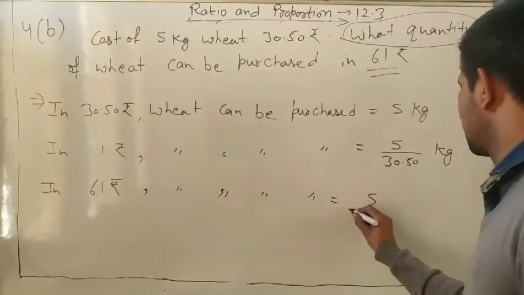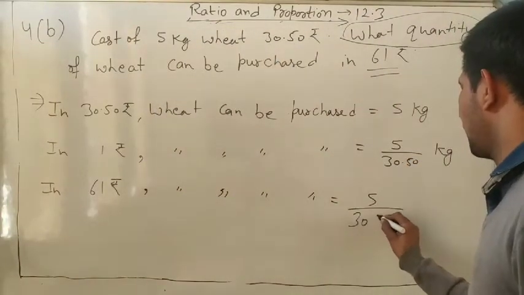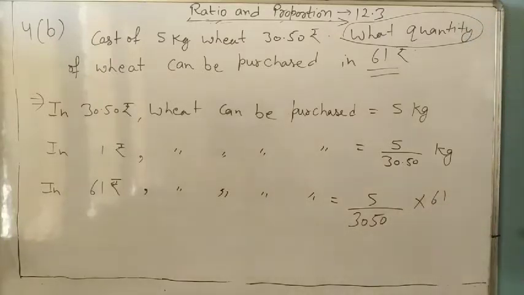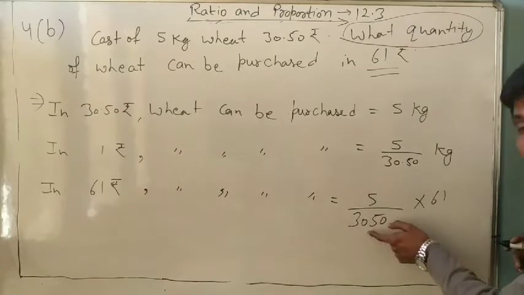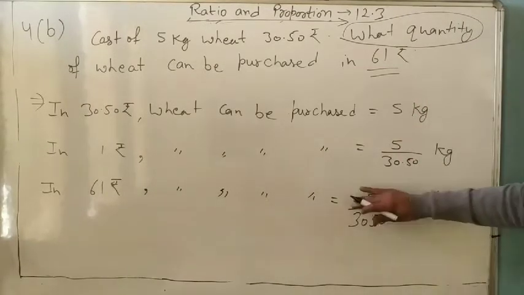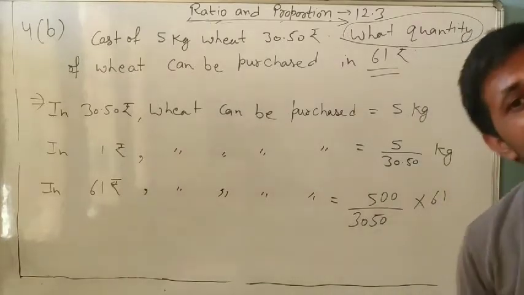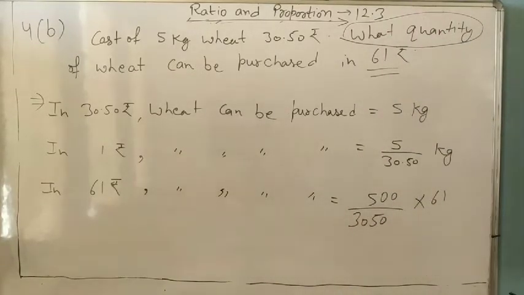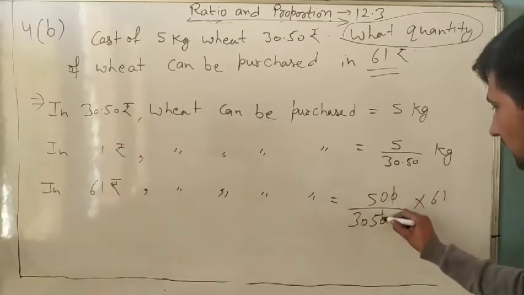5 upon 30.50 into 61. And tell me, when we remove the decimal, 2 zeros come on the upside? Yes. If it is in the denominator, the zeros come in the numerator. Okay. So now, can we cut? 0 cancel 0.